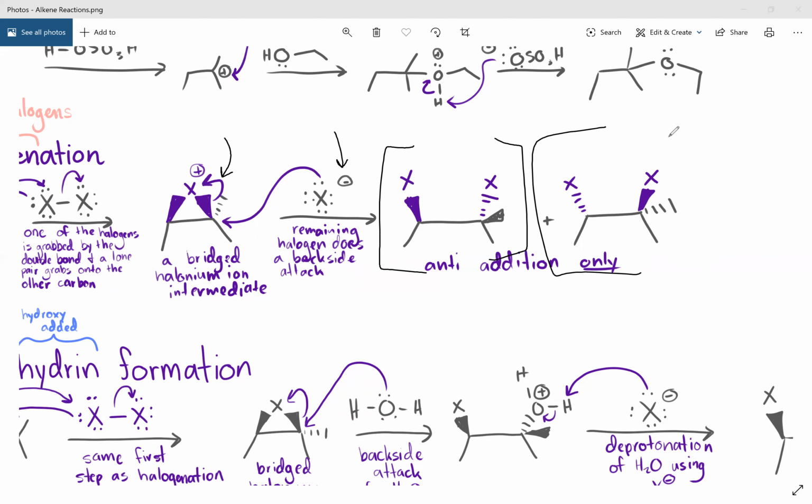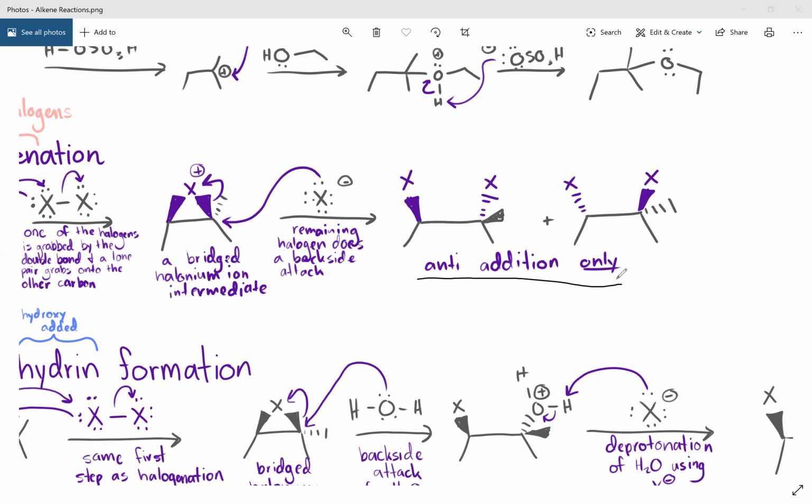This second product here is formed by the enantiomer of this bridged halonium ion, where instead of a solid wedge connecting the X to the carbons here, it's a dashed wedge. But what's important to notice is that we end up with only anti-addition. When we have a bridged halonium ion, we're only going to end up with anti-addition.